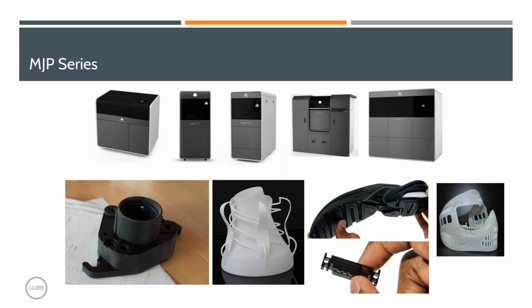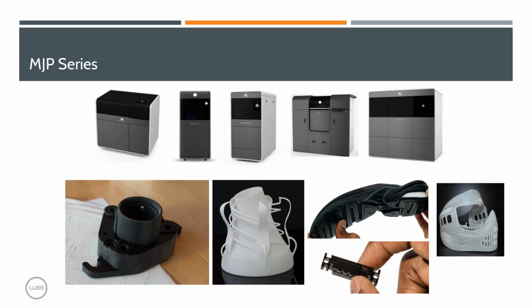Okay, so our multi-jet printing series of printers ranges from the newest one that just came out, which is the ProJet 2500. That one is selling like hotcakes right now, just because it offers basically the same surface quality and precision as our higher end printers do, but at a fraction of the cost.